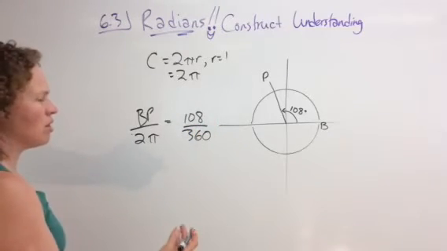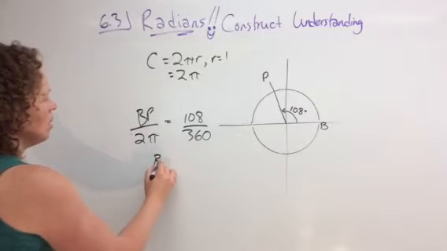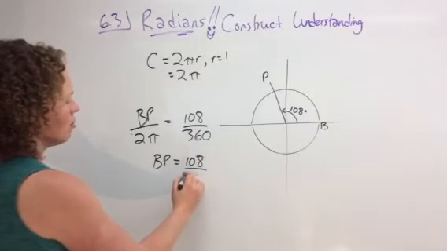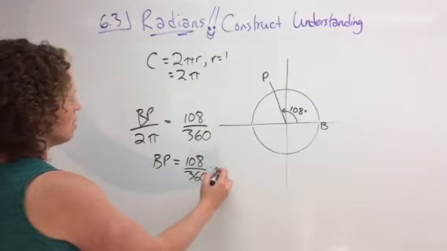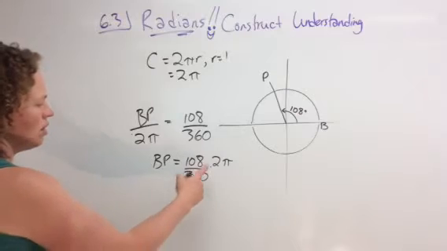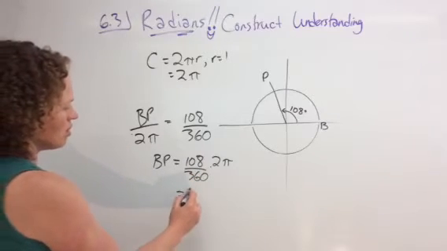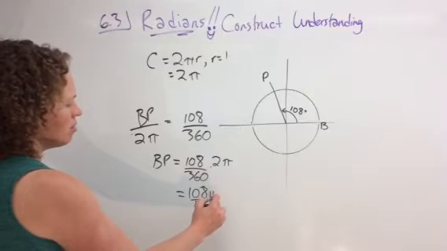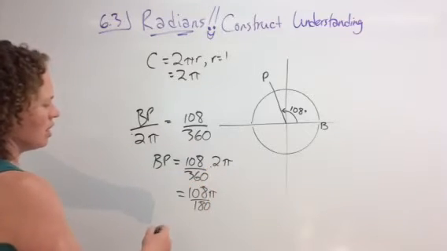So it's kind of like that question we had before, where the arc length is going to be equal to the angle we're talking about over 360 times the circumference, which is 2 pi, and you could shorten this to be 108 over 180 times pi, because the 2 and the 360 cancel out.